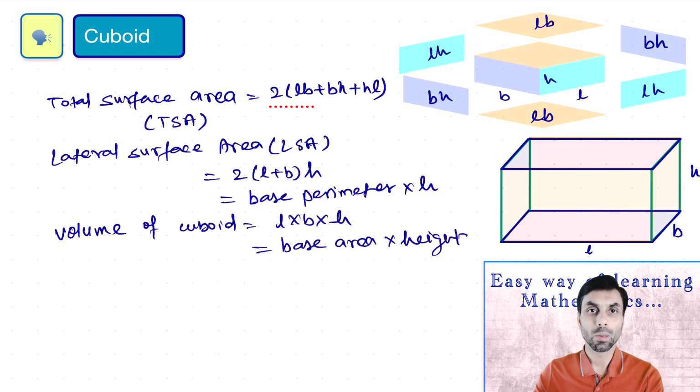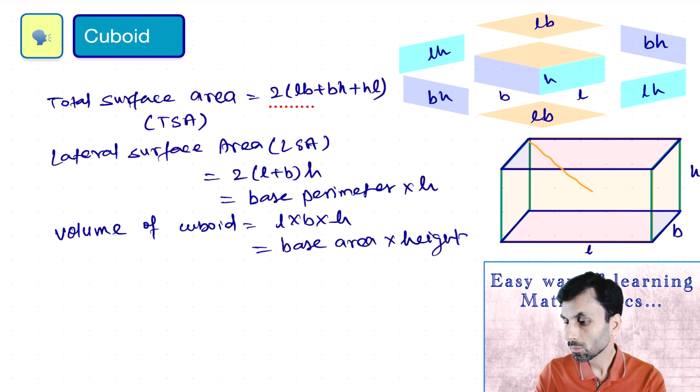Now one more thing we need to remember here is the body diagonal, or the diagonal of a cuboid. In order to obtain the length of the diagonal of a cuboid, we'll be connecting these two ends, as this is the longest length which can be there in a cuboid.